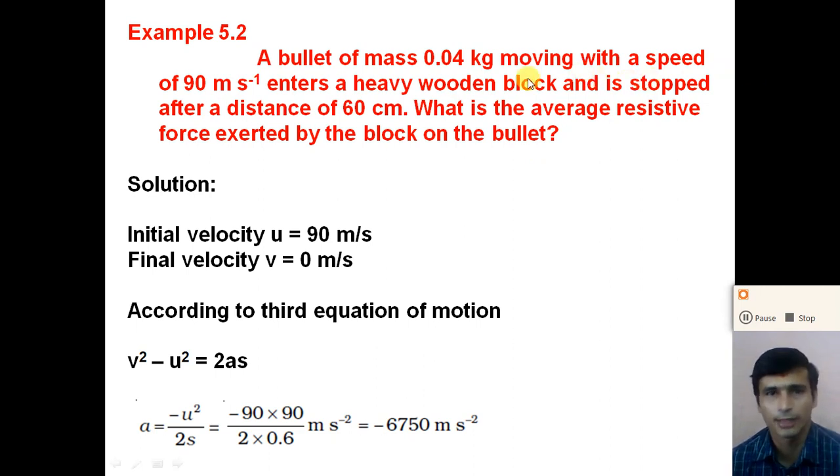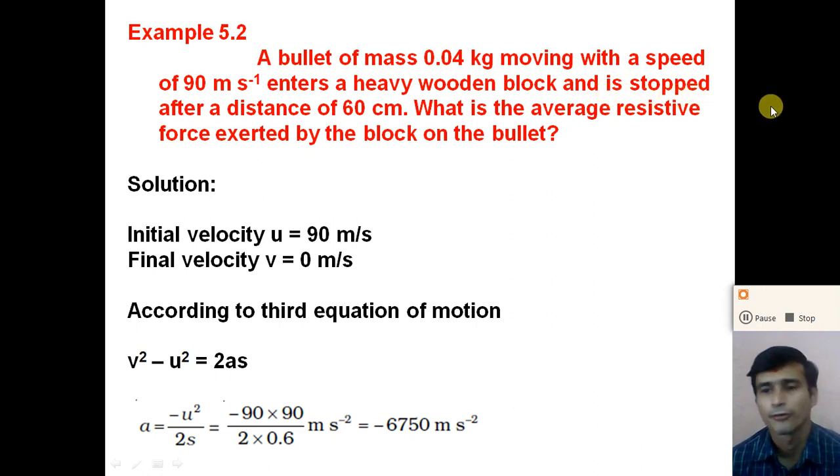So here the mass of the bullet is given to you, 0.04 kg, moving with a speed of 90 meter per second. So here the initial speed of the bullet u is equal to 90 meter per second. We can take v0 also, right? Initial velocity u is 90 meter per second. Now it enters the wooden block and is stopped.